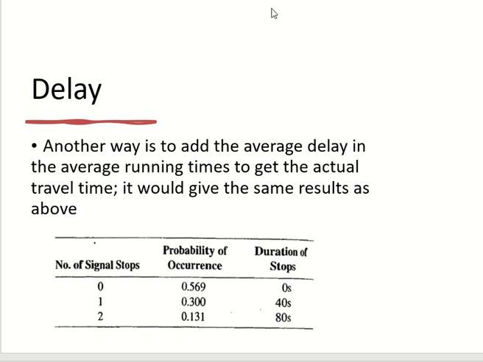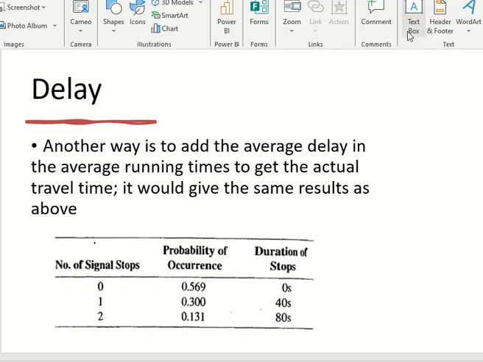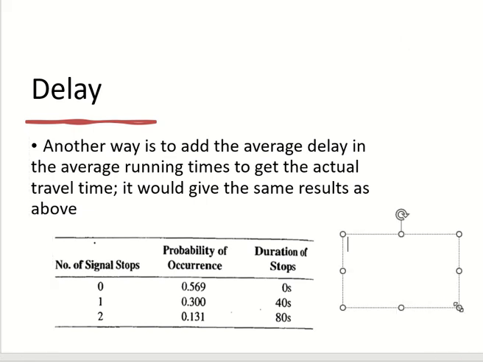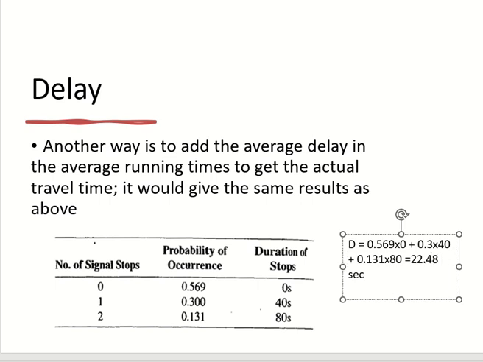So what do you get? How much? 22.4. 22.48. Any questions?